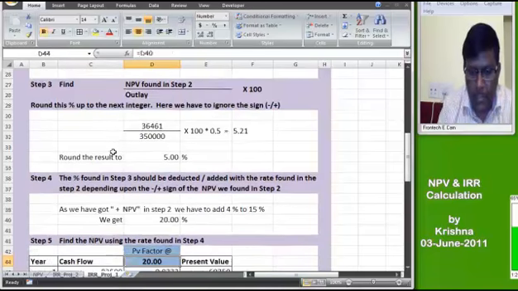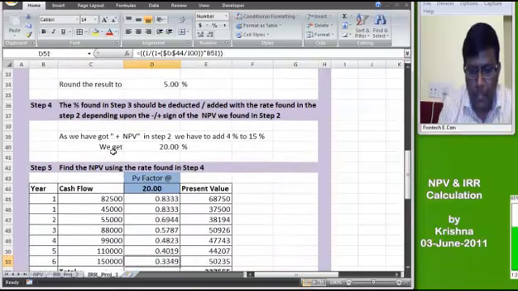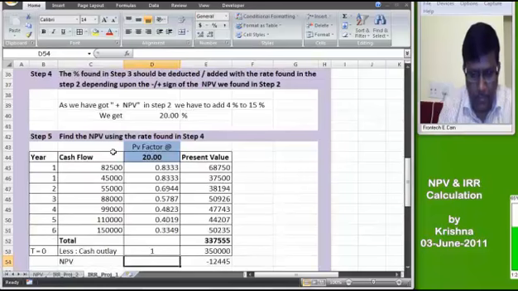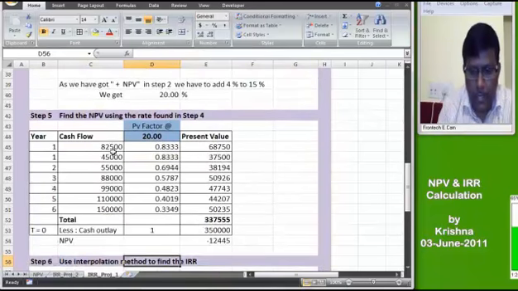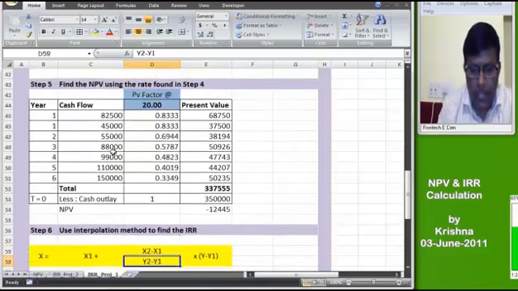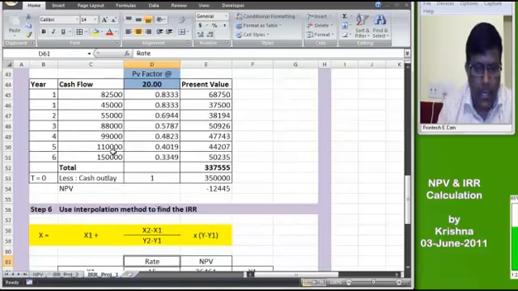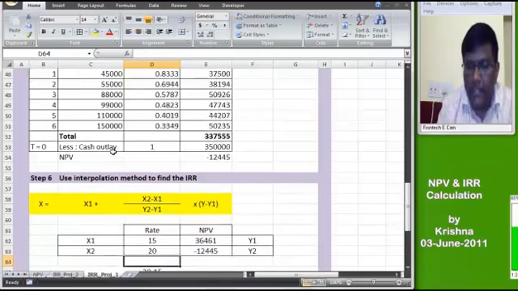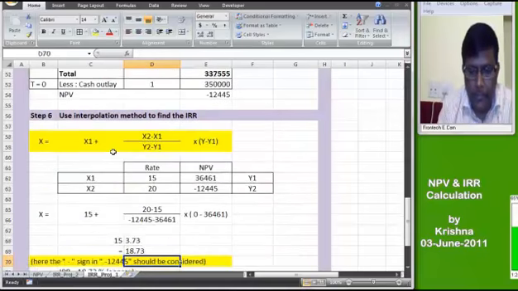So we have 20% as the discounting rate, and we arrive at a negative net present value in the fifth step. Now we have a negative net present value and a positive net present value, so we can easily fit the details in the interpolation formula and find the internal rate of return.